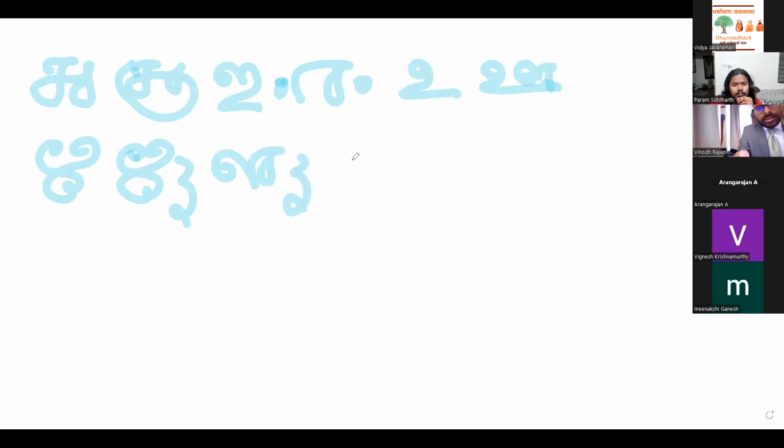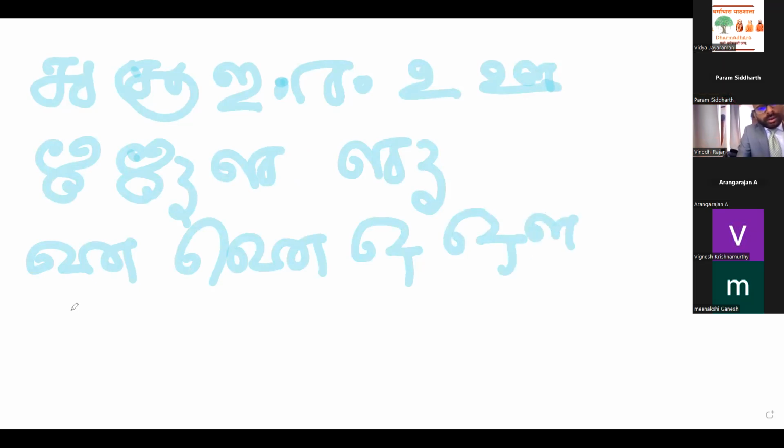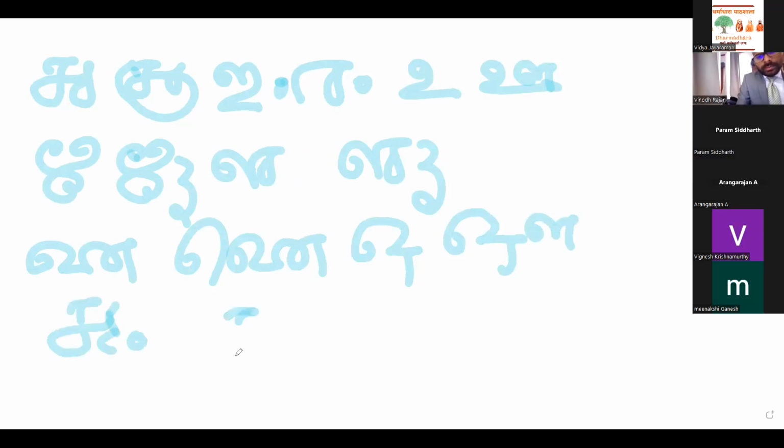So you have E, E, U, U, R, R, Lu, Lu, A, I, O, O, and aha.